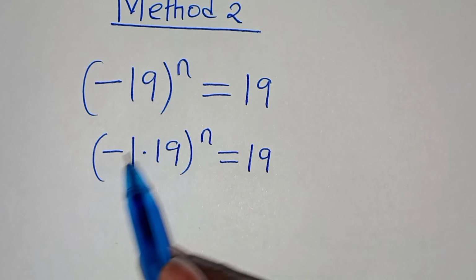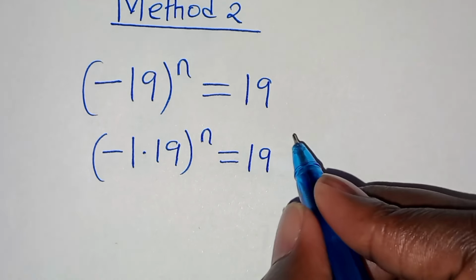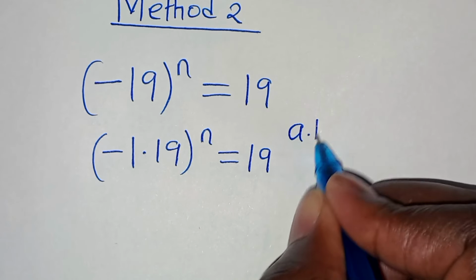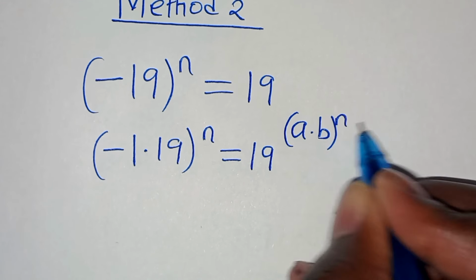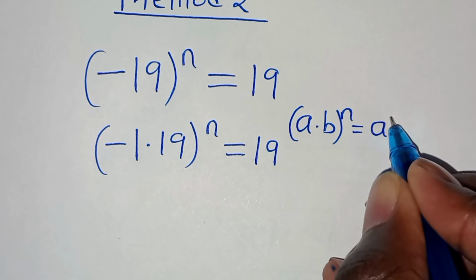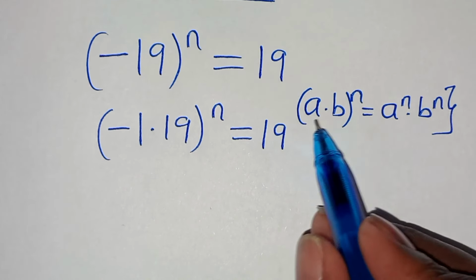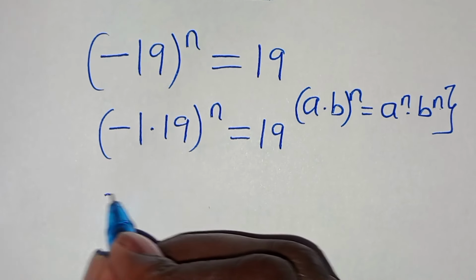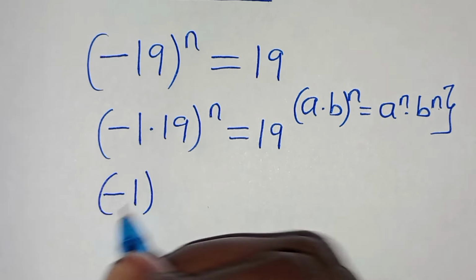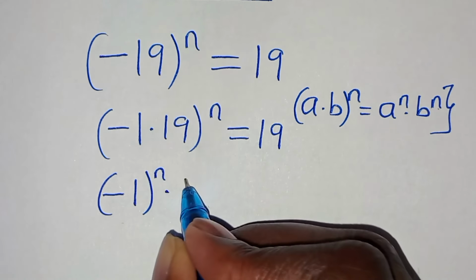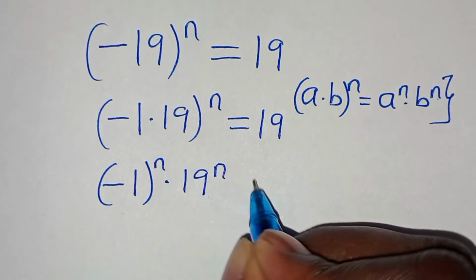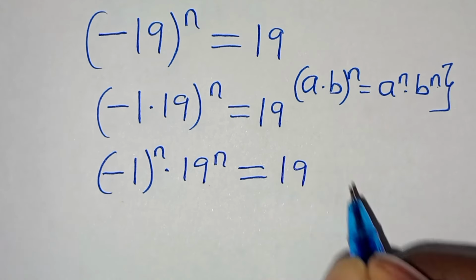We have seen that -1 times 19 to the power of n is in the form of a times b raised to the power of n, which we can express as a to the power of n times b to the power of n. So applying this exponent property, this is (-1) raised to the power of n times 19 to the power of n, equal to 19.